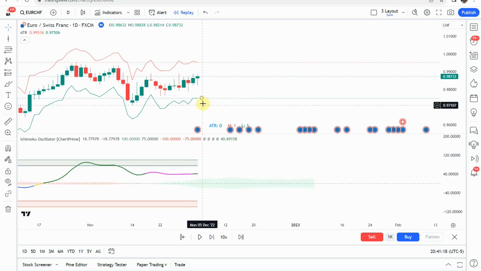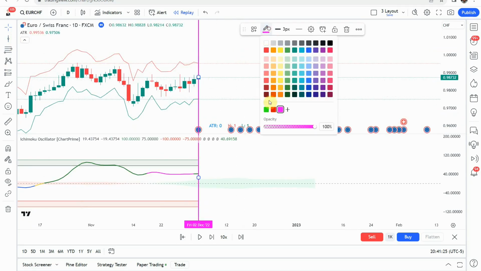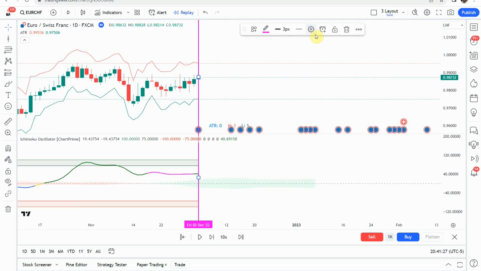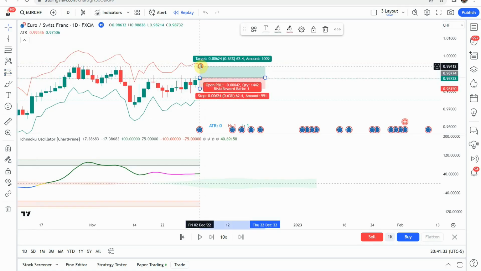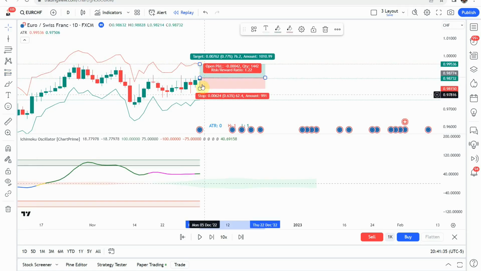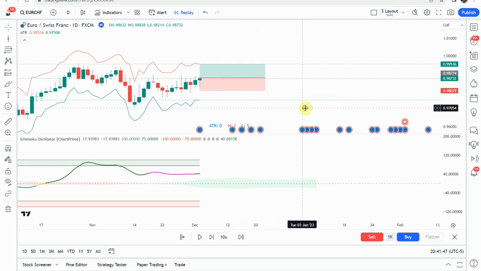So at that point, we would then enter into a long position, right here on that candle, and we would be looking for a 1-to-1 risk reward. Our target is going to be right at that line there. That's our take profit target, and our stop is going to be down here right about there.